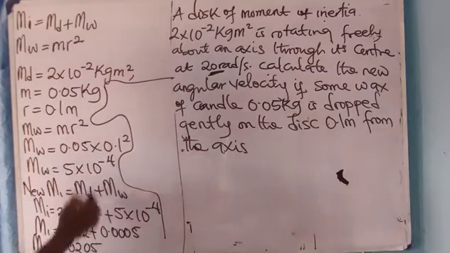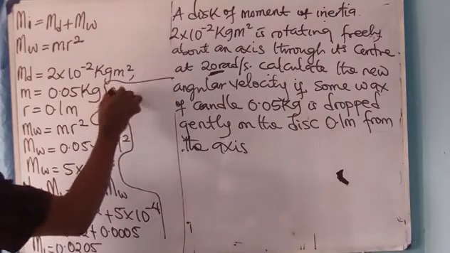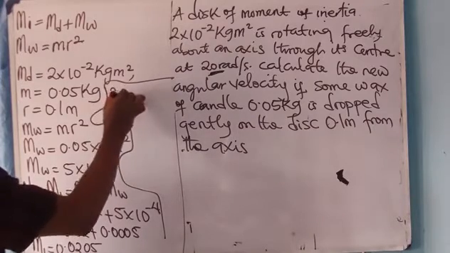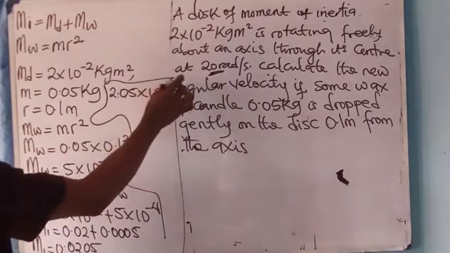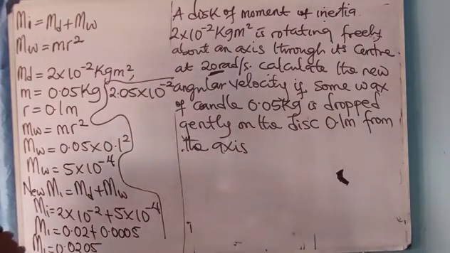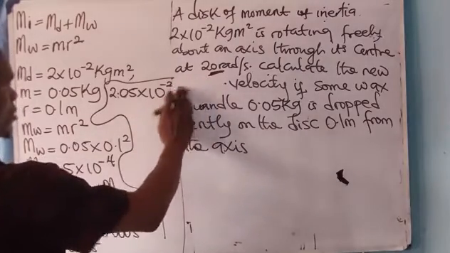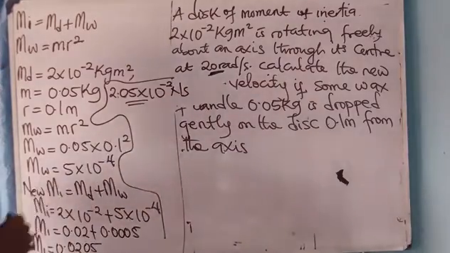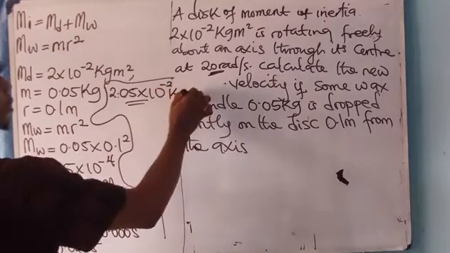Alright, to express this in standard form, you say 2.05 times 10 raised by minus 2. That is kilogram meter squared.